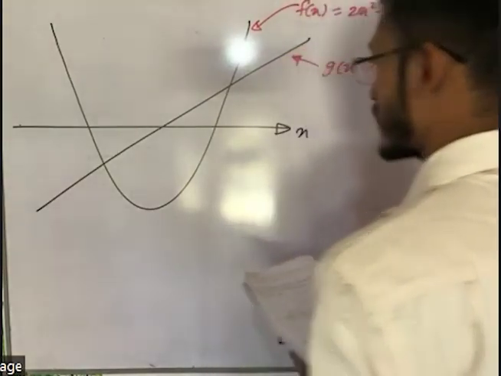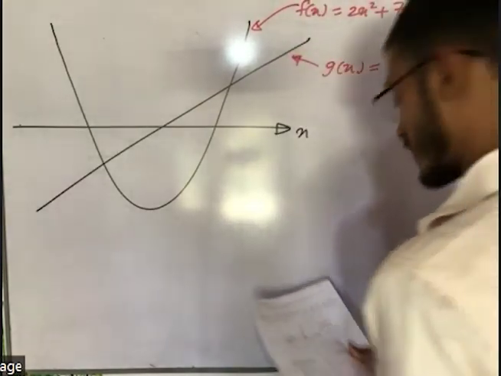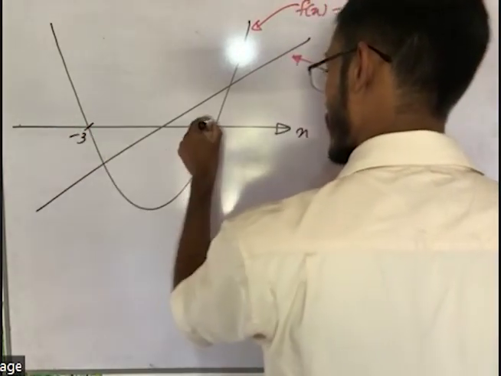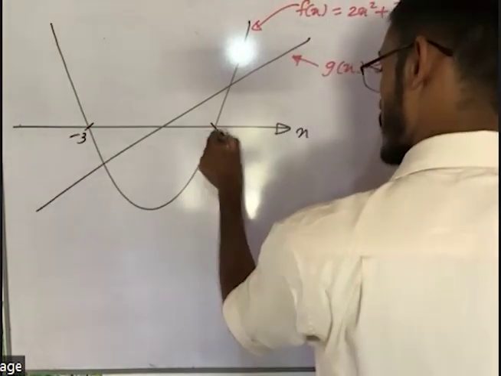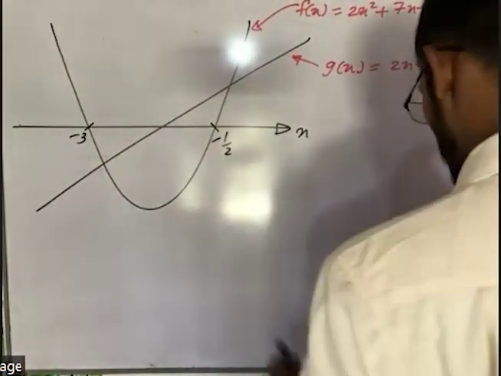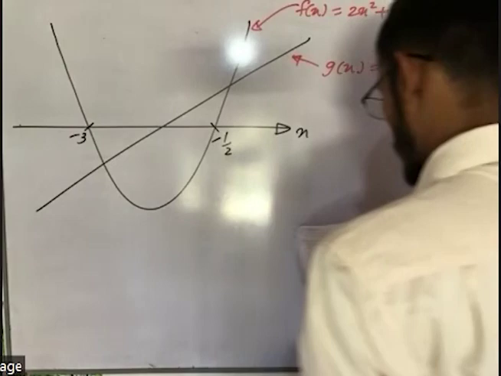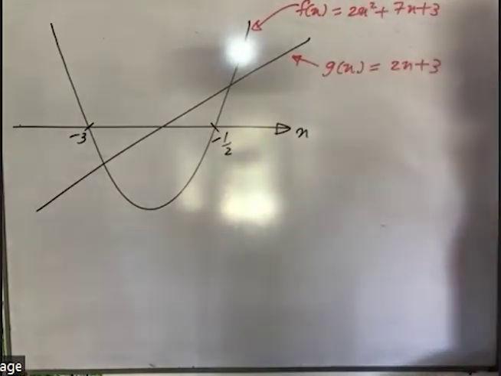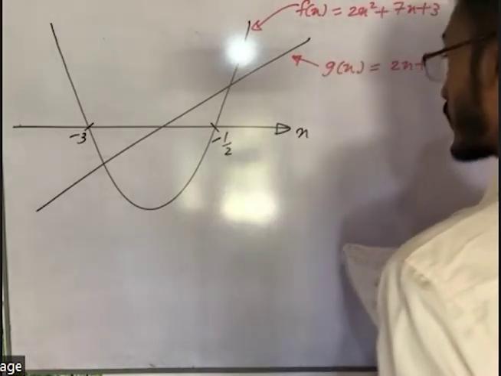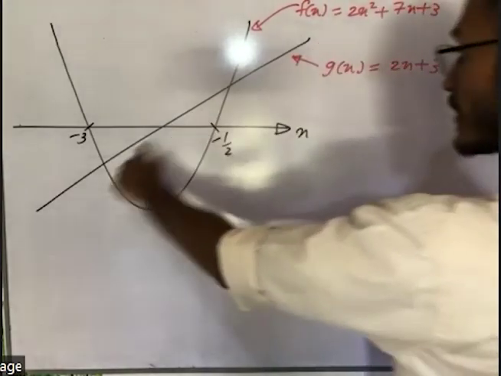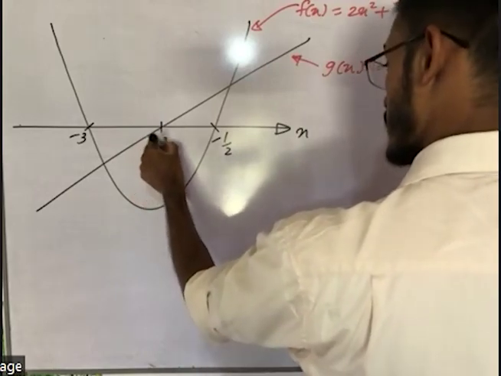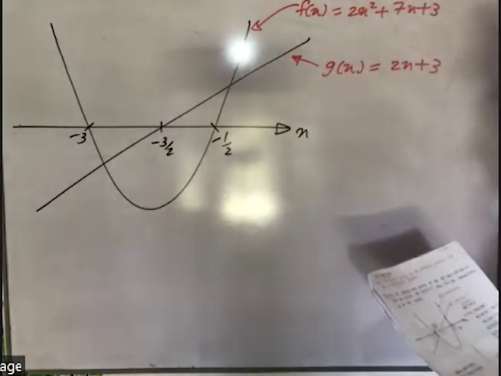Now, if you look at this, the quadratic function intersects the x-axis at 2 points. Here minus 3 and here minus half. Right. Now, if you consider this straight line, the intersection point is minus 3 over 2.